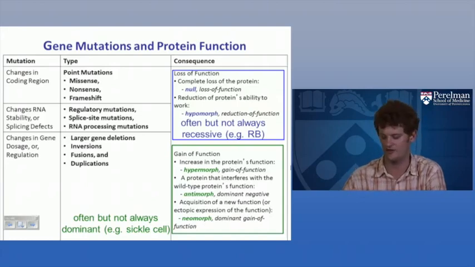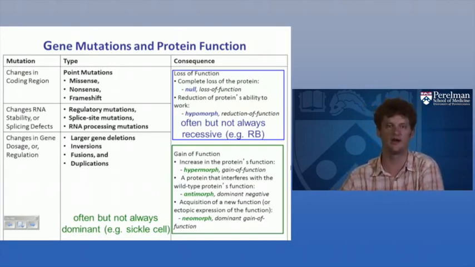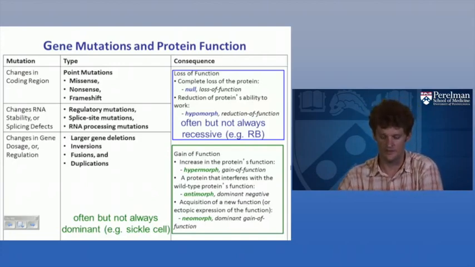You could have a mutation that causes the RNA to become unstable or too stable. And then in some of the larger rearrangements, you can actually have deletions of whole genes. In an inversion or a translocation, you can actually create novel genes where you have part of one gene fused to another part of another gene, and that can cause detrimental effects.